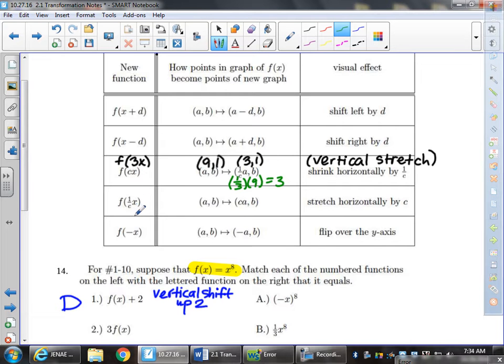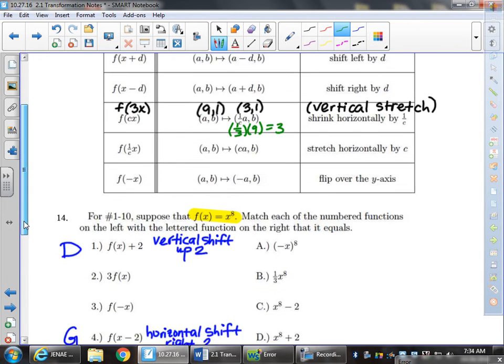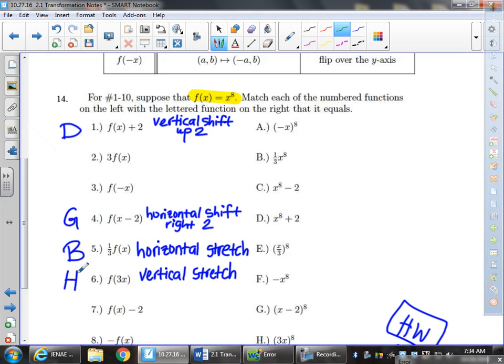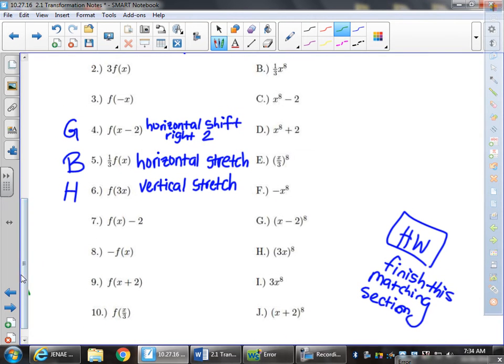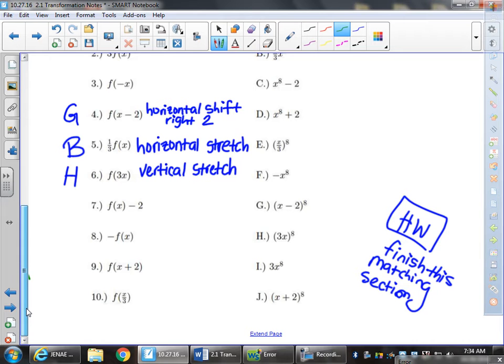Applying the same idea to this next line, this one was which letter that we looked at? Did we do one here yet? 10. It will be 10. What did you guys write for 10? E. Who wrote E? Very good. What did you put for words? Horizontal stretch. Very good. So this is E, horizontal stretch.